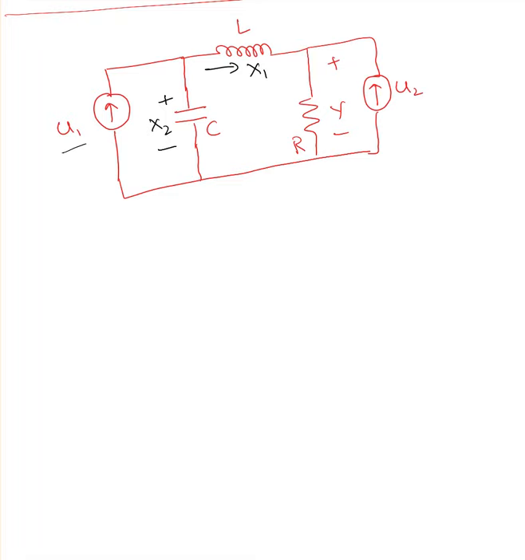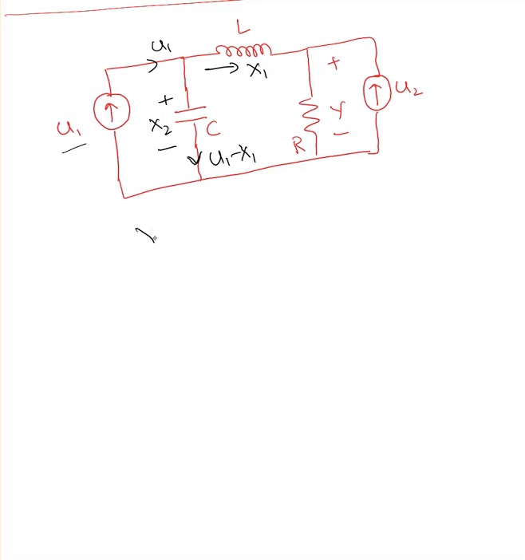Now, if you see a current source, you better apply KVL. I think it's easy. So now look at here. What is the current coming here? That current is U1, x1 is there. What is the current passing through the capacitor? That must be U1 minus x1.